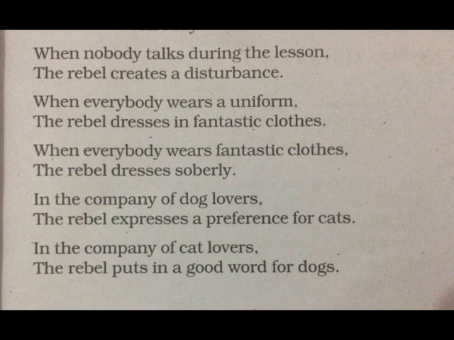Seeing everybody talking during the lesson, the rebel finds his silence most valuable. However, because he is a rebel, he cannot help but create disturbance and make a series of interjections. When he sees that everybody else has become quiet, the rebel constantly seeks attention by doing what others don't do.